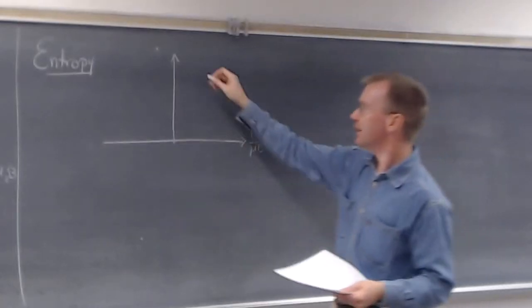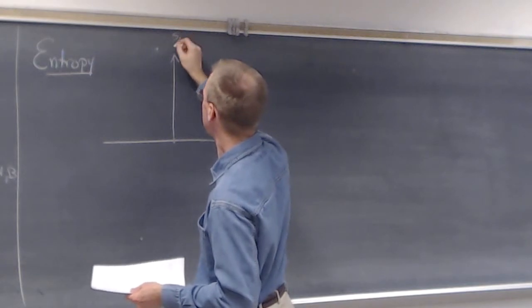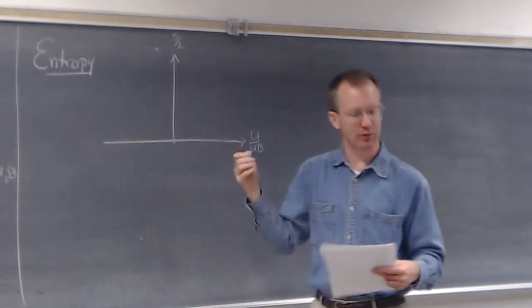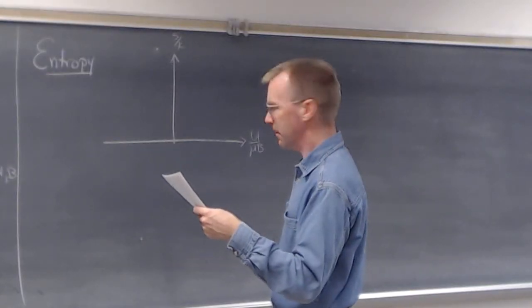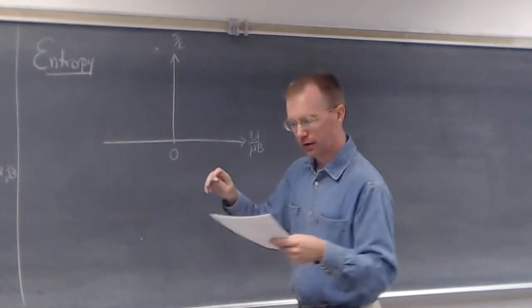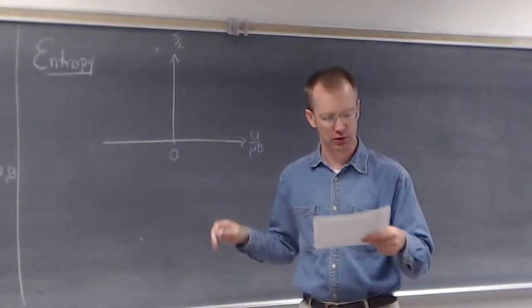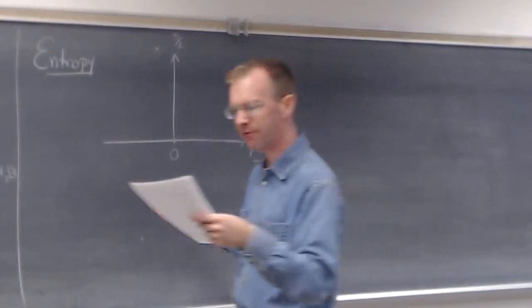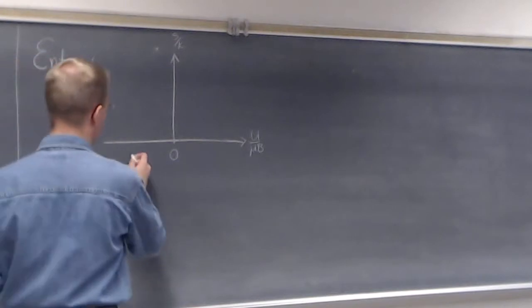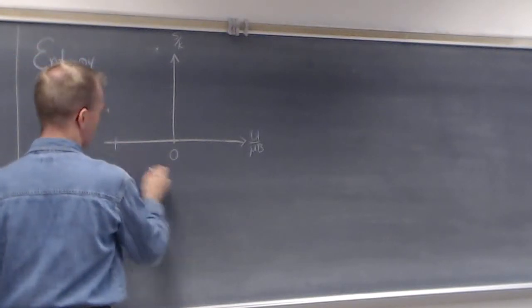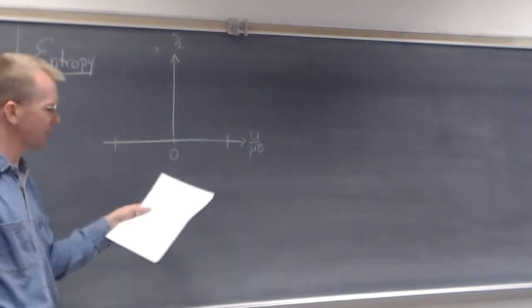is that if you plot entropy, we'll do it as S over k, dividing out by Boltzmann's constant so we get a dimensionless number, then we can find that there's U over mu B appearing in the entropy equation. So if we look at varying energy per mu B, mu B has units of energy, and so this is a dimensionless number.